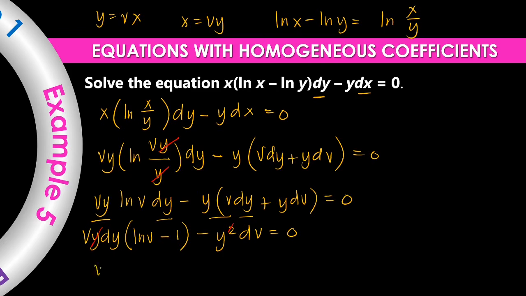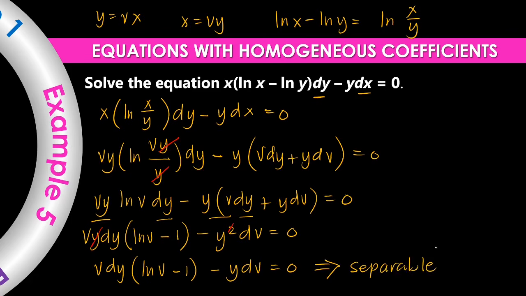We have v dy times ln of v minus 1 minus y dv equals 0. You may notice that this equation is now separable. And because it's separable, we can now solve the differential equation.